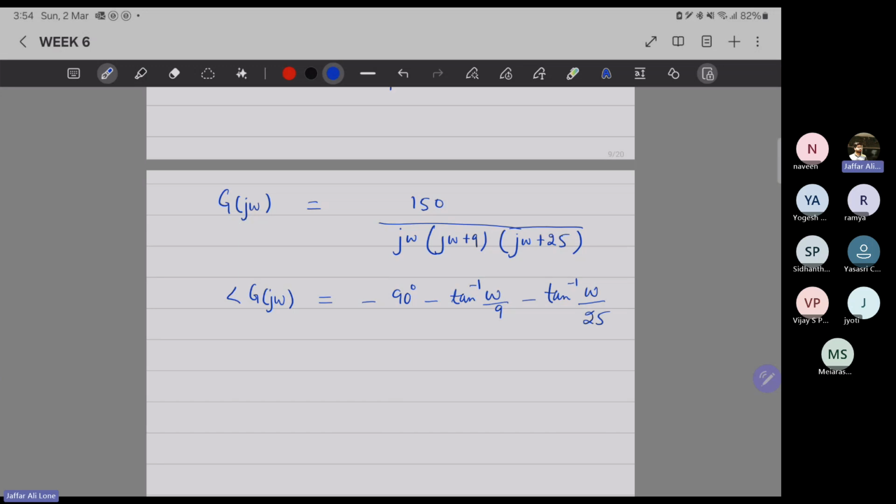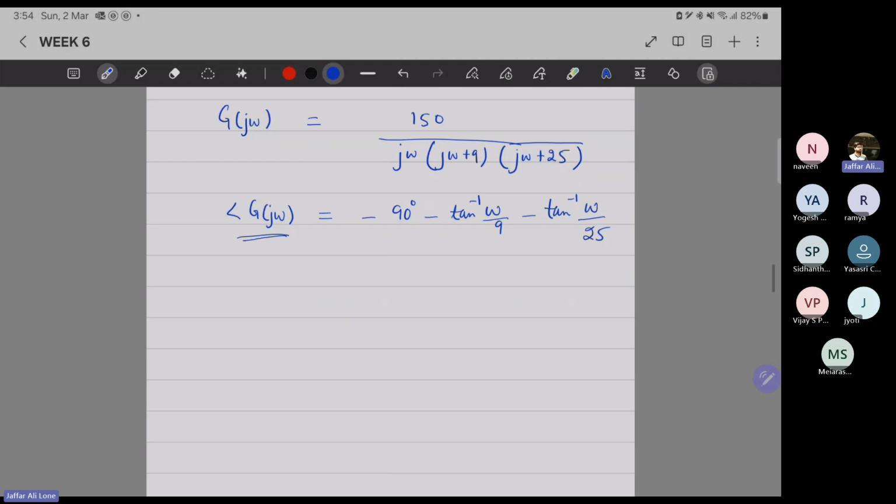Because the terms are in the denominator, that's why minus. Now when ω is the phase crossover frequency, the angle is minus 180. So I'll put ω as ω_PC. It will be minus 90 degrees minus tan inverse of ω_PC over 9 minus tan inverse of ω_PC over 25 is equal to minus 180.